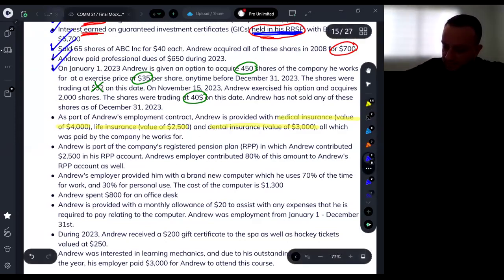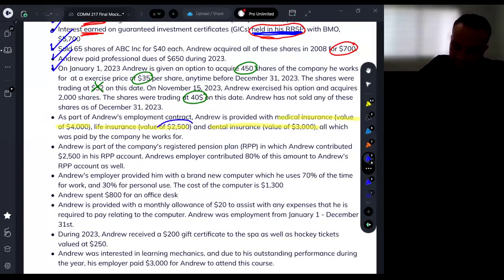I think it's only life insurance that has an effect. Well, the dental and the medical, we could deduct, but not the life insurance, I think. You're very close. No effect for medical and dental, then we deduct life. Okay, so no effect for medical and dental is good.